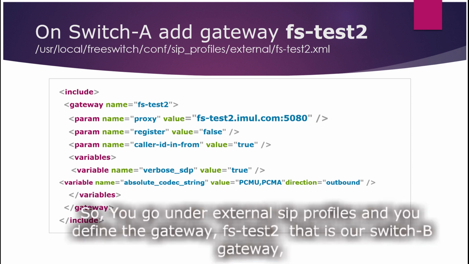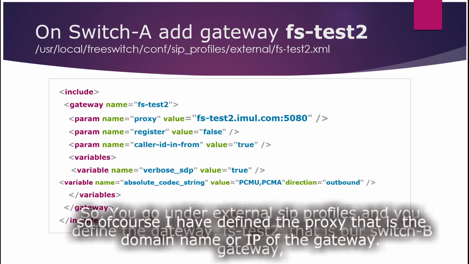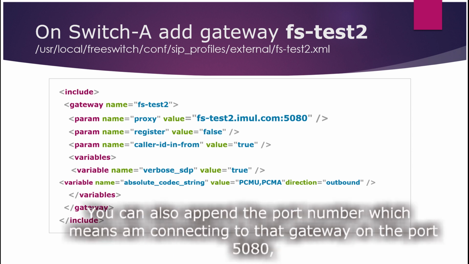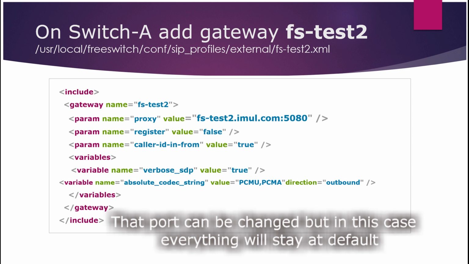So you go under external SIP profiles and you define the gateway FS-test2. That is our switch B gateway. Of course I have defined the proxy, that is the domain name. You can also append the port number. That means I'm registering to that gateway on that port. That port can be defined, it can be changed, but in this case everything stays default.